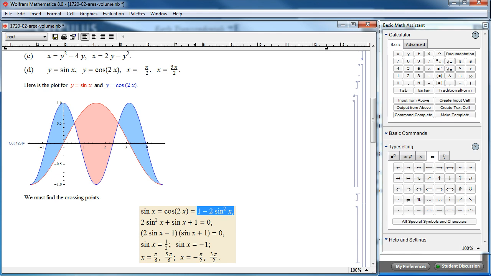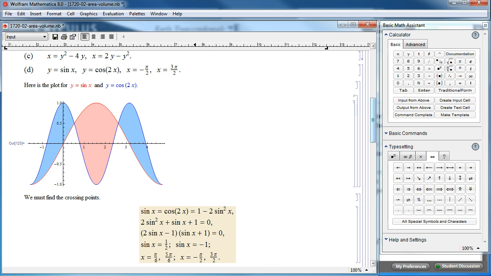Consequently, we have a quadratic equation in sine, and we can factor it, find the appropriate sine values, and then go back to your fundamental domain from negative pi over 2 to 3 pi over 2 and find which x values correspond to sine of x equals 1/2, sine of x equals negative 1. Turns out pi over 6 and 5 pi over 6.